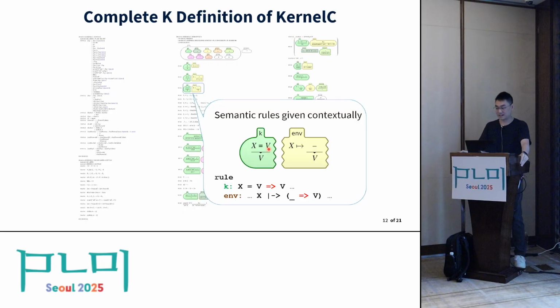The point is that each and every semantic rule here is a transition step from one configuration to the next configuration. In principle, you have the entire configuration of the program in hand, so you can specify whatever side effects you want on that configuration.